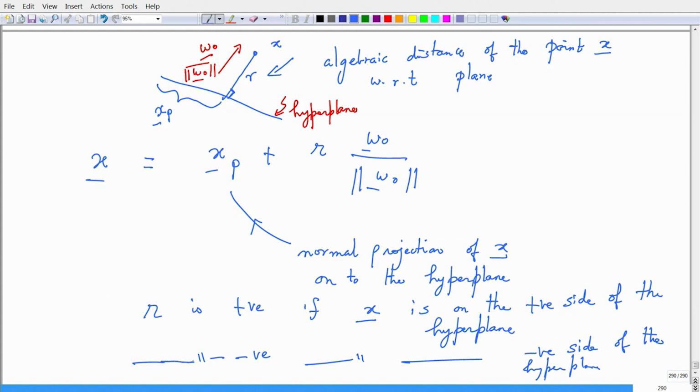Okay. So if it is on the positive side of the hyperplane on this side, it is positive. If it is lying on the negative side of the hyperplane, then r is negative. So we will end this lecture here.